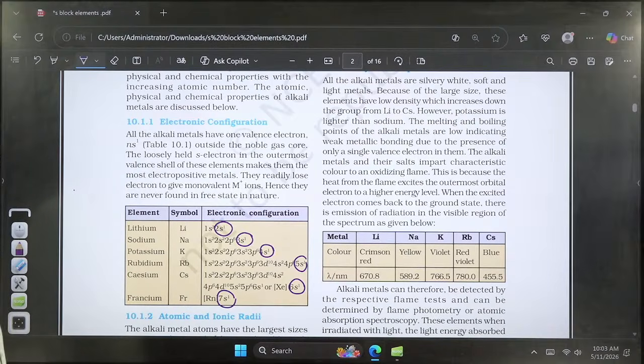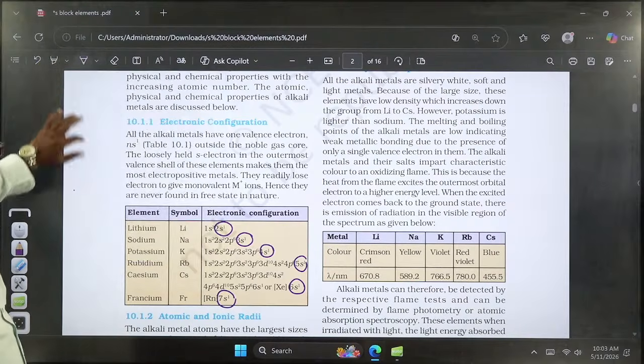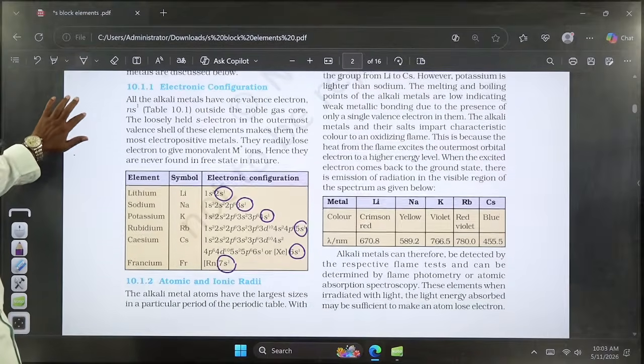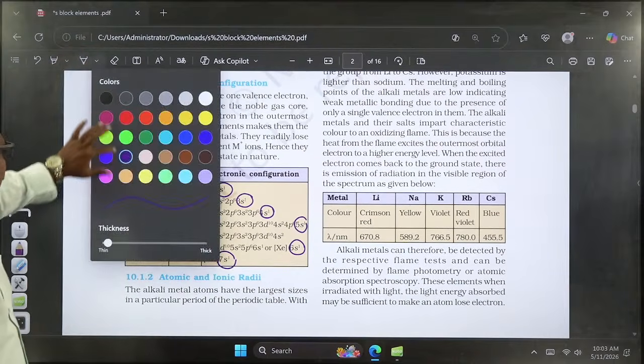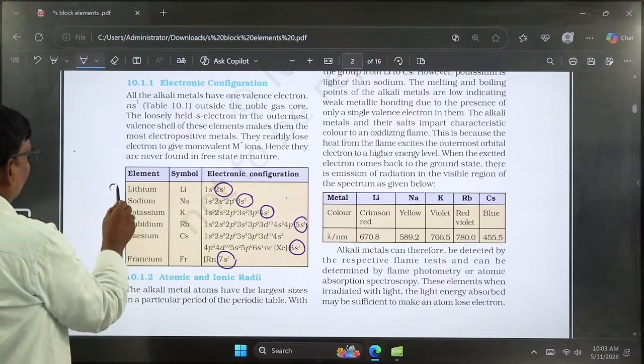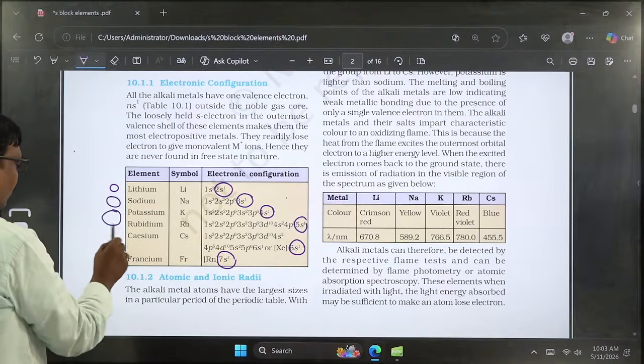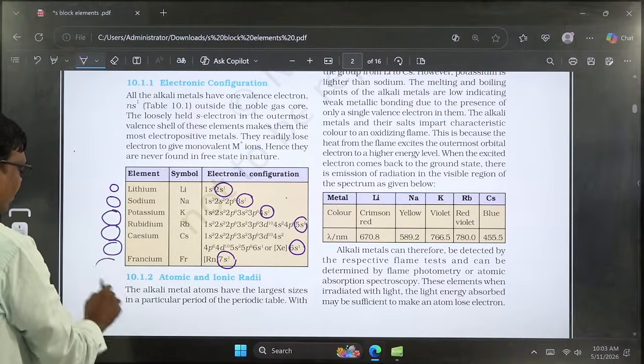Let us go to the general physical properties. The first one is atomic radius. Down the group, the number of shells increases. For example, 2s level, 3s level, 4s level, 5s level, 6s level, 7s level.